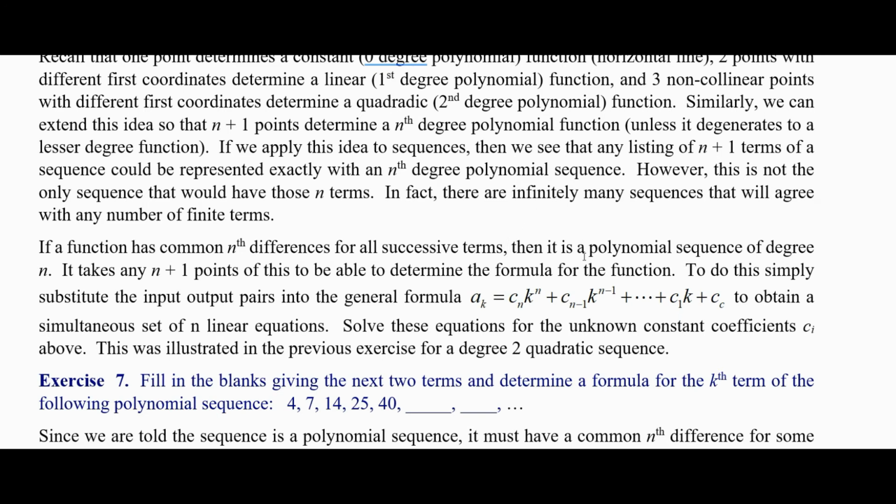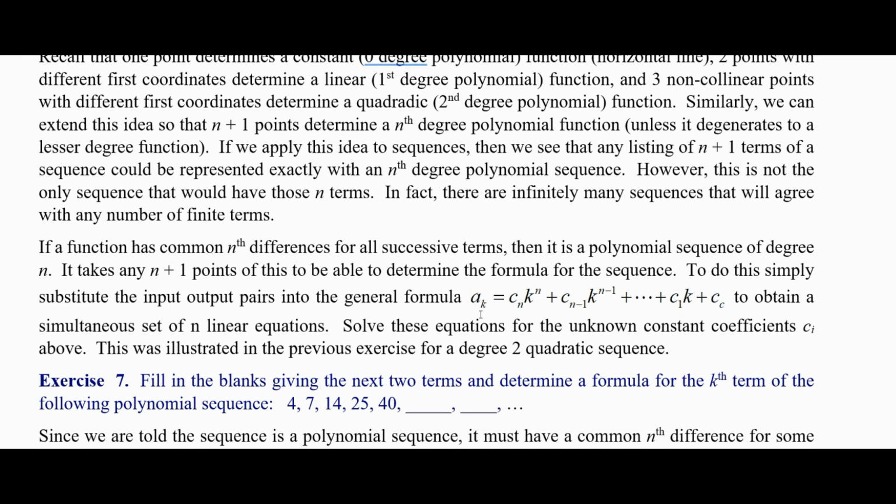The function specifically is a sequence, so let me just go ahead and say sequence. To do this, simply substitute the input-output pairs into the general form. It's going to look something like this, where the c sub whatevers are constants. Plug in 1, 2, 3, 4, 5, up to however many you need, up to n plus 1, in place of the k's and the corresponding terms here.